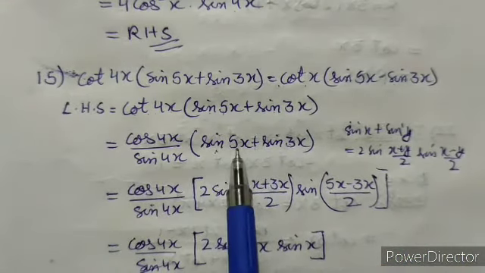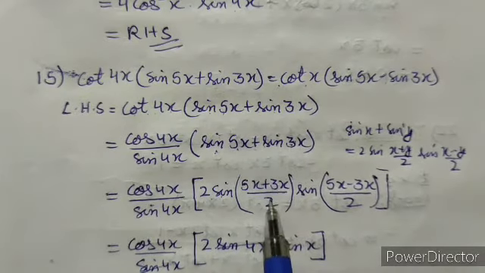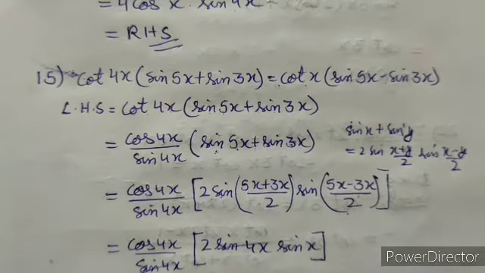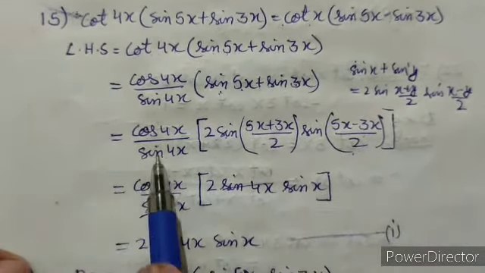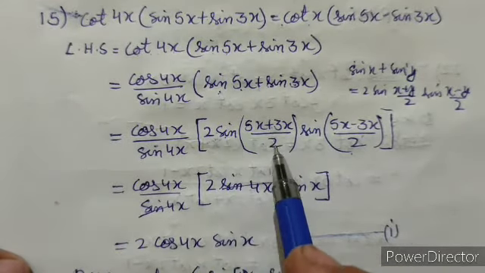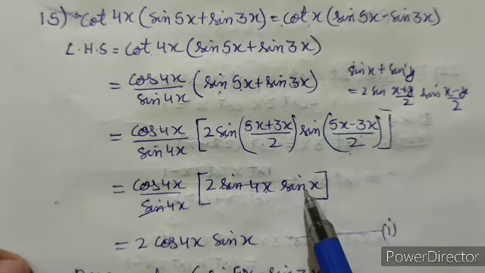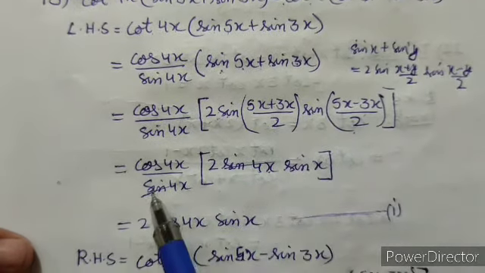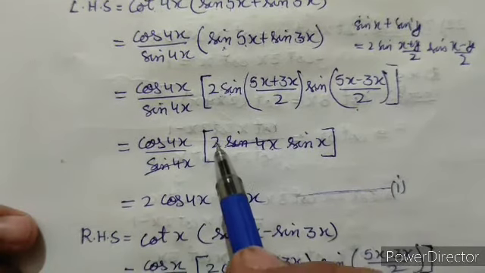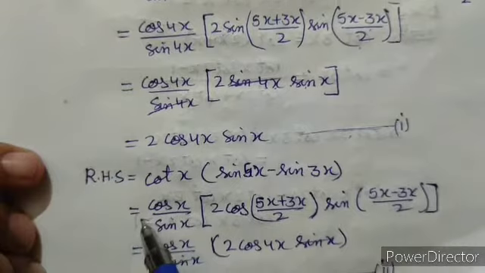So sin 5x plus sin 3x can be written as 2 sin (5x plus 3x by 2) into sin (5x minus 3x by 2). Now that will be equal to cos 4x upon sin 4x into 2 sin (8x by 2), that will be equal to 4x, and sin (2x by 2), that will be equal to sin x. Now here sin 4x will cancel out with sin 4x to give us the answer as 2 cos 4x into sin x. Now come to the right hand side.